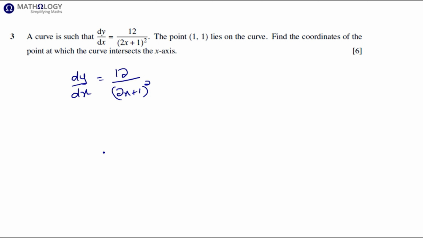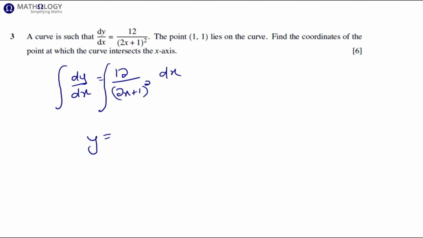Since we are required to find the coordinates at which the curve intersects the x-axis, we will obviously need to find the equation of the defining curve. So given the gradient function, the derivative function, we will therefore need to integrate this expression to find the equation of the curve.